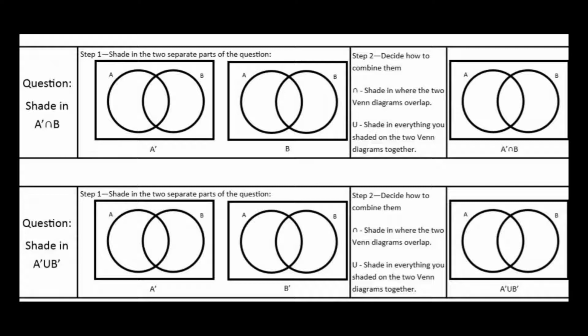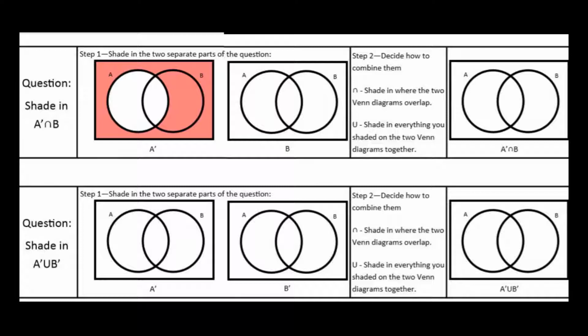Okay, so here we want to make sure that we can shade in regions correctly using set notation, and just a technique or strategy to help you shade in the correct regions. If we were asked to shade in not A intersection B, we want to think of not A and B as separate individual Venn diagrams. They are individual sets, and then we'll see how to combine them afterwards.